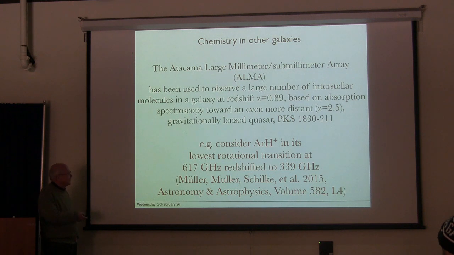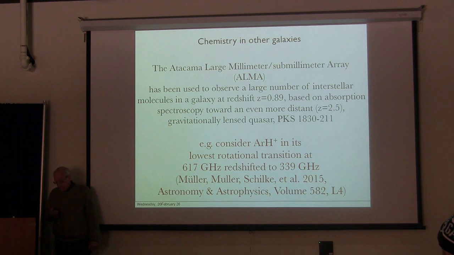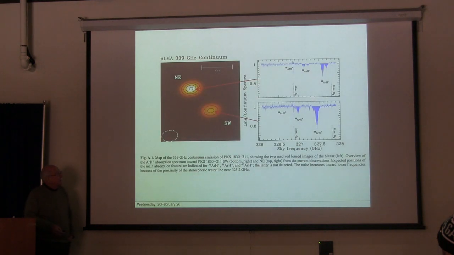Just to give one example, one of the more recent ones, this exotic molecular ion, ArH+, is also now detected, identified in this redshifted absorber, where, again, the redshift is so large that the rest frequency of 617 gigahertz is shifted down to a convenient observing frequency for ALMA, 339 gigahertz. Okay, and this just illustrates it.